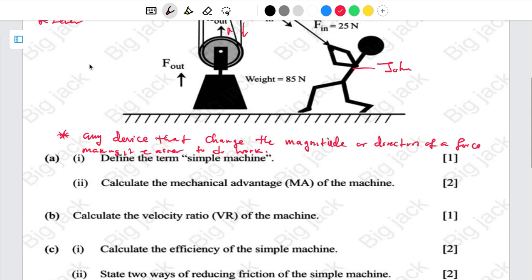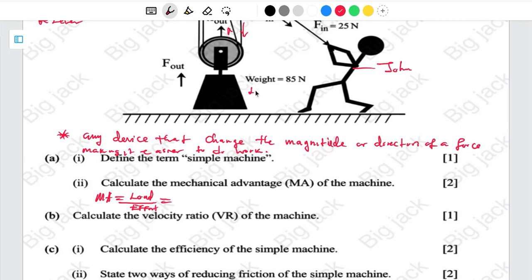Roman numeral 2 is asking us to calculate the mechanical advantage, which is also known as MA, of the system or of the machine. So how do you calculate the mechanical advantage? Mechanical advantage, which is MA, is equal to load over effort. This one is more like a ratio. We have been given the load, which is equal to the weight.